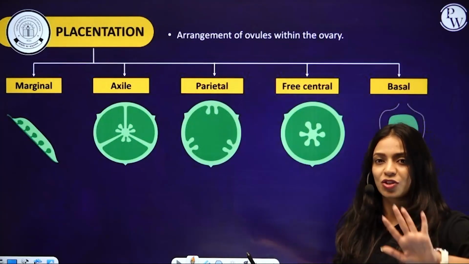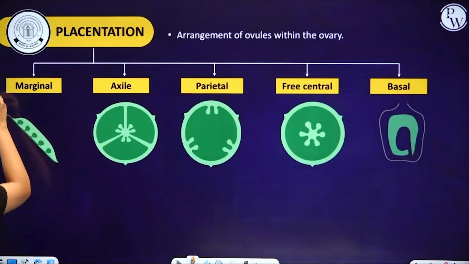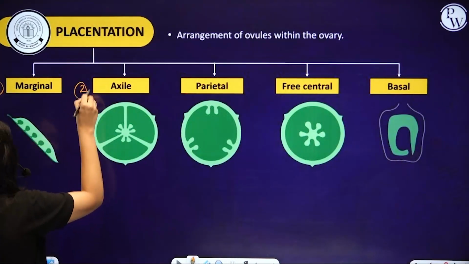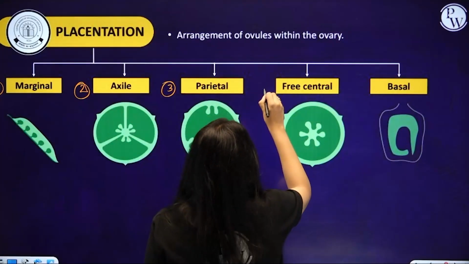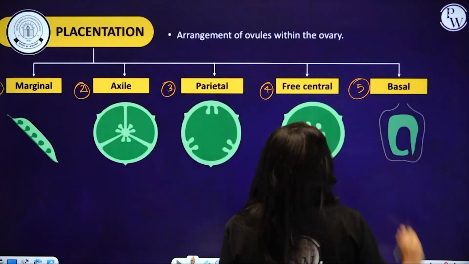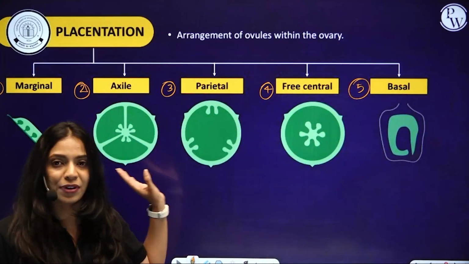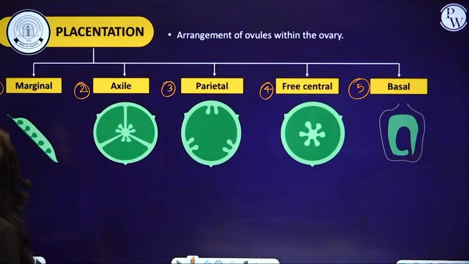There are 5 major types that we'll be learning about: marginal placentation, axile placentation, parietal placentation, free central placentation, and basal placentation. Okay, so these are the 5 different types of placentation. We'll go through them one by one.